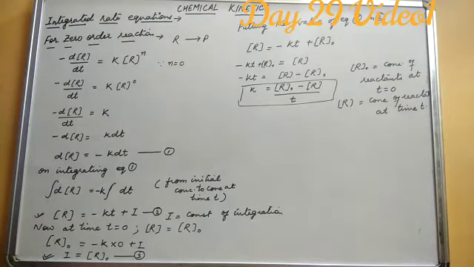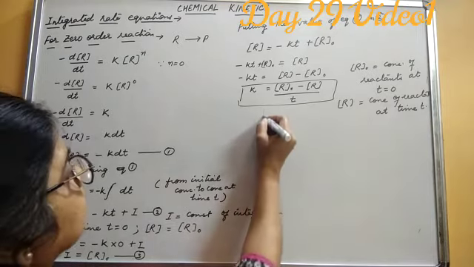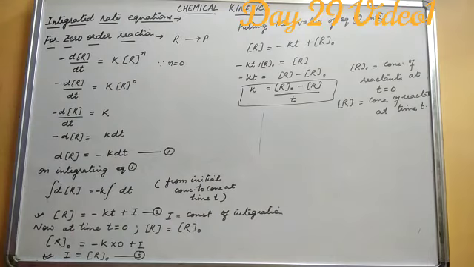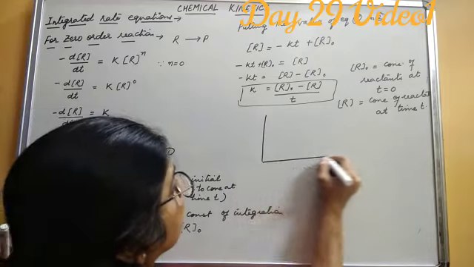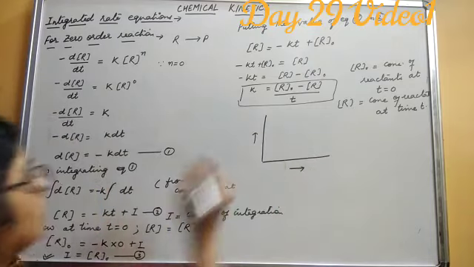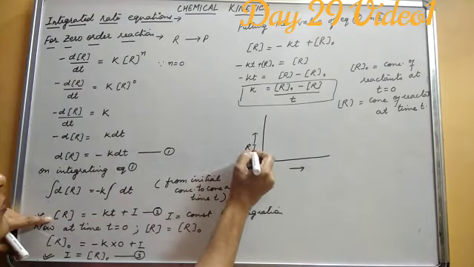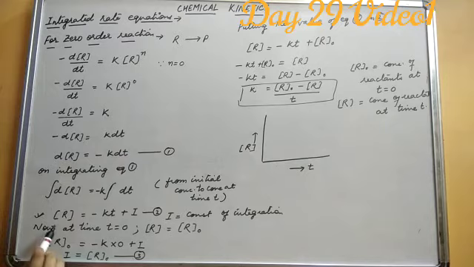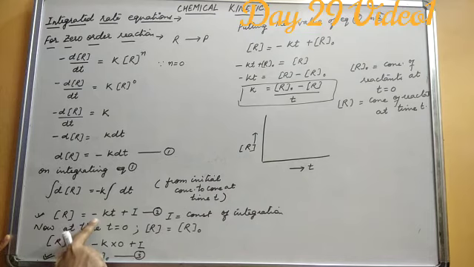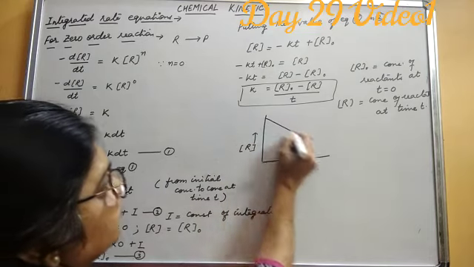On plotting the graph for equation 2, the graph will be between R versus t. If we compare this equation with the straight line equation y equal to mx plus c, then minus k means slope, and that is a negative slope, so the graph will be like this.